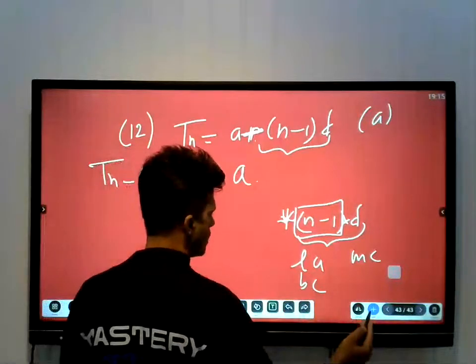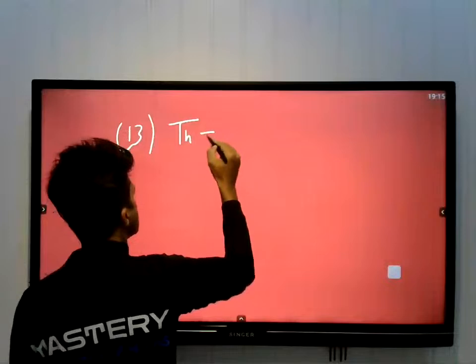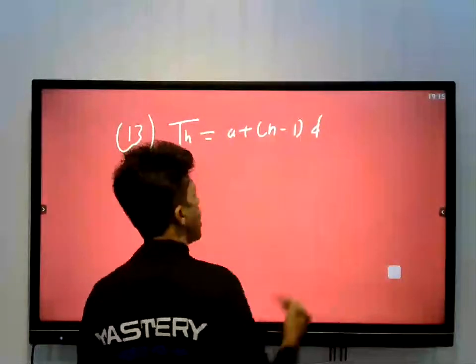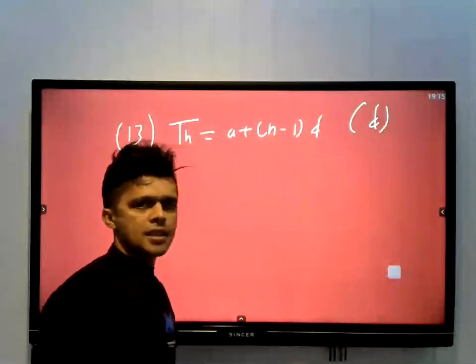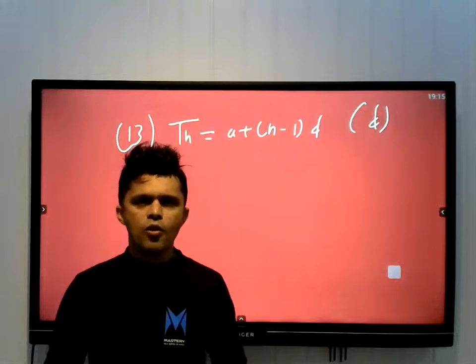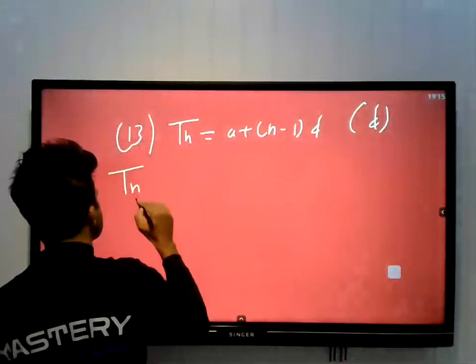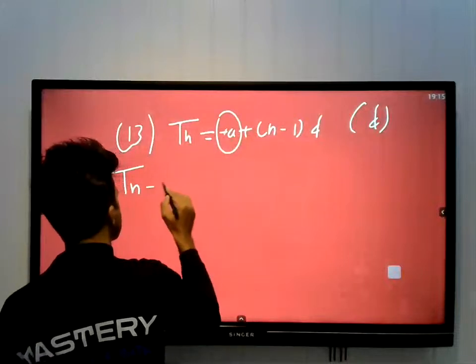The 13th one: Tn equals a plus n minus 1 times d. How can we write the term d as the subject here? How can we do it? We write Tn, and this plus a becomes minus a.